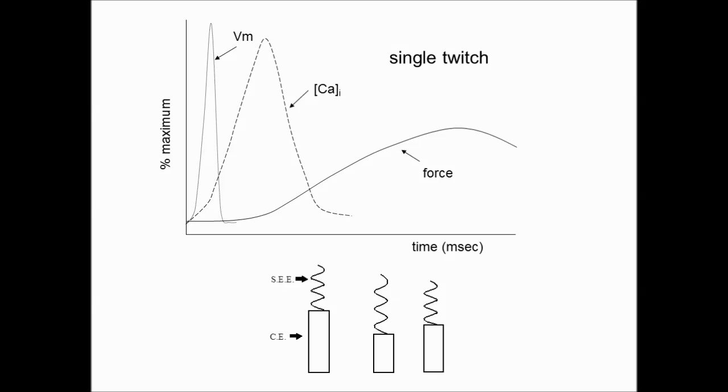And the calcium, as we said before, binds to troponin C, and then the tropomyosin moves away from the binding site, et cetera, and so force increases. And so after, somewhat delayed after the calcium spike occurs, the force goes up. So this could be modeled as what happens with a single twitch.